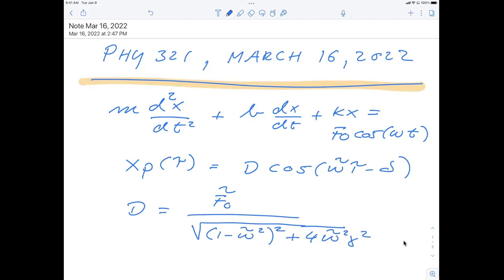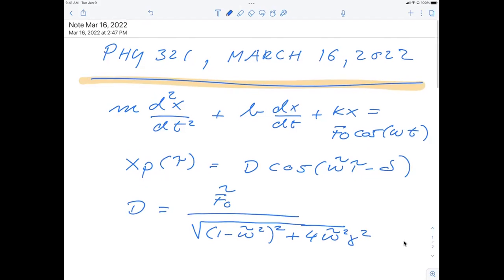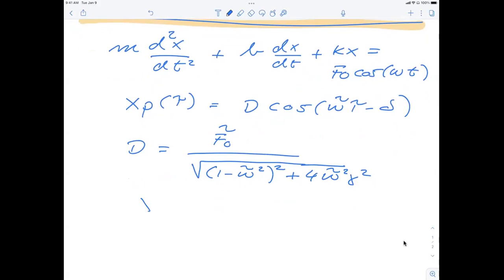So I'm going to repeat some of these parameters because it's always easy to get lost in the jungle of parameters. This parameter gamma was something which we defined as b divided by 2m divided by the natural frequency of the system. And this natural frequency was given by the constant k divided by the mass of the system.